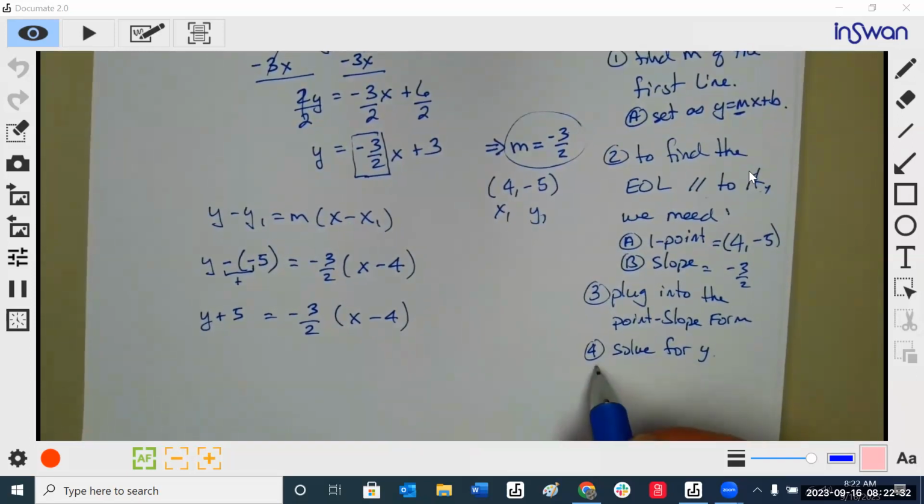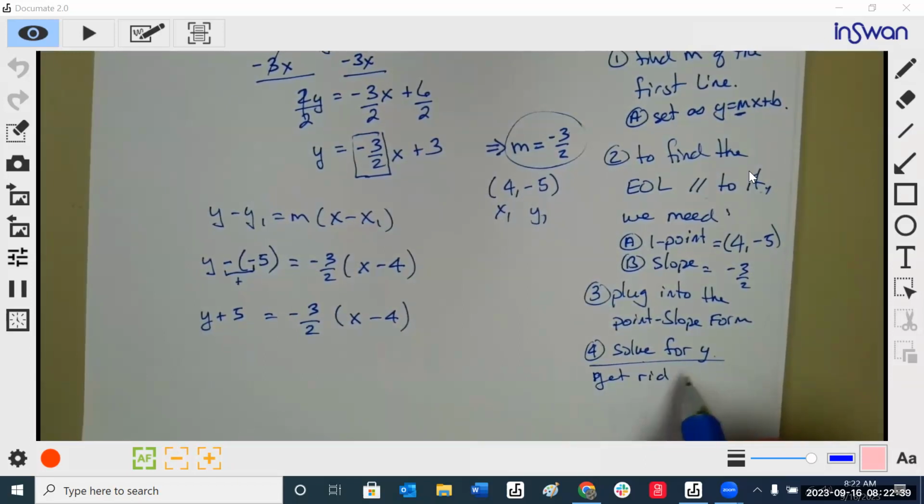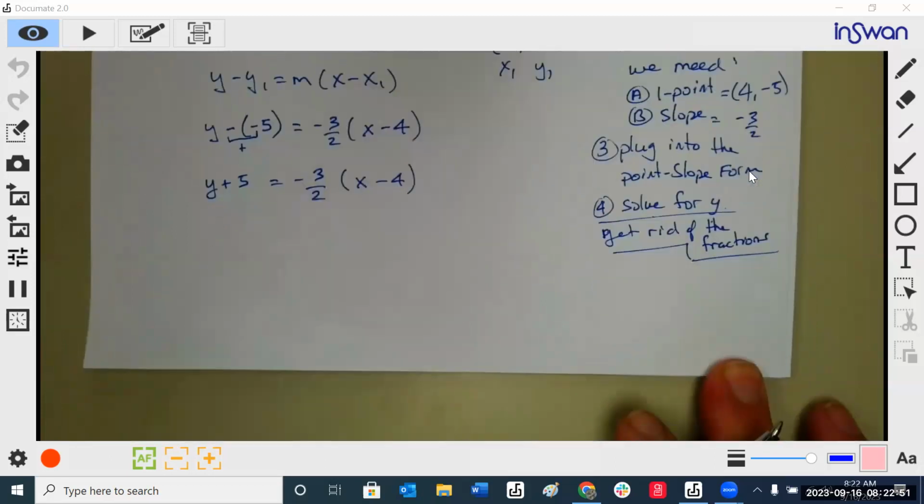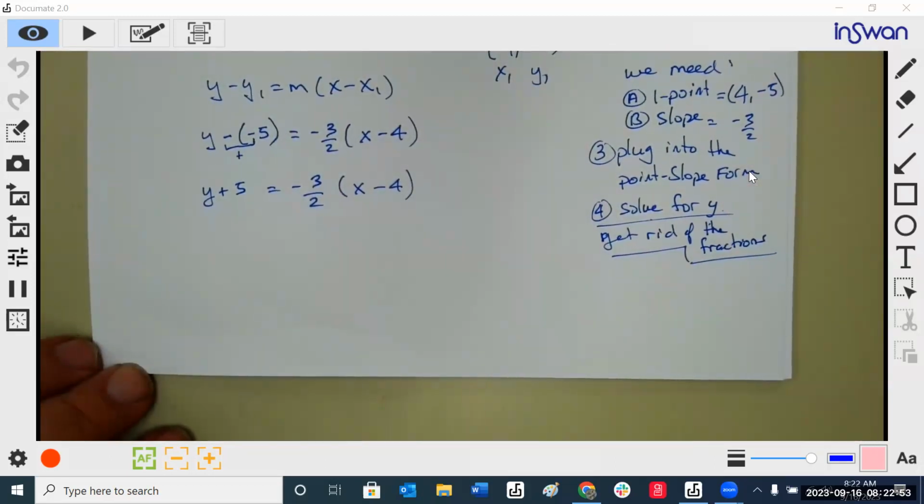So how do we solve for y? First, get rid of the fractions. And this method always only has 5 steps.